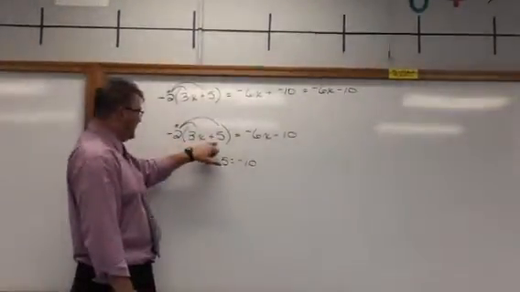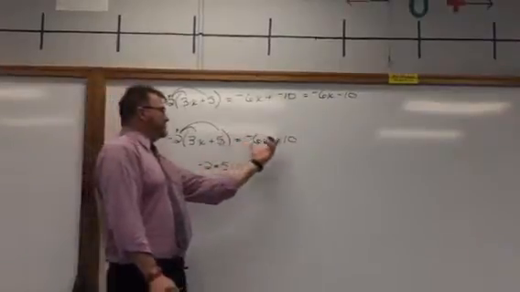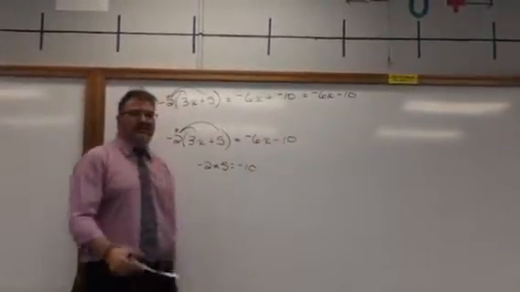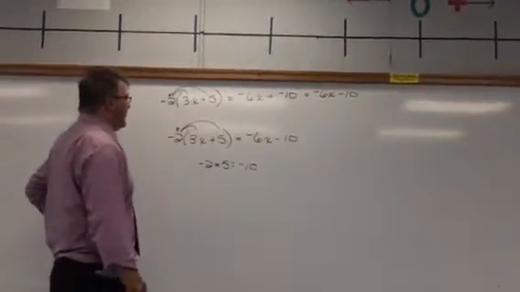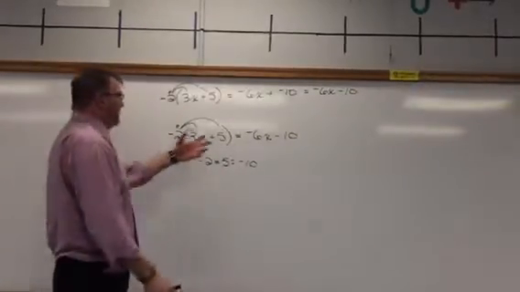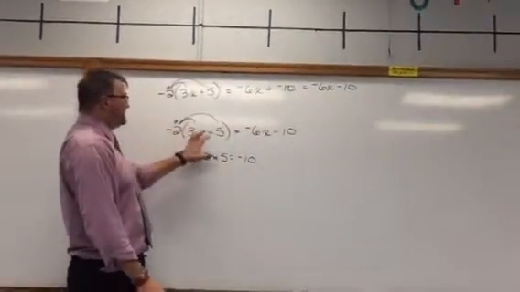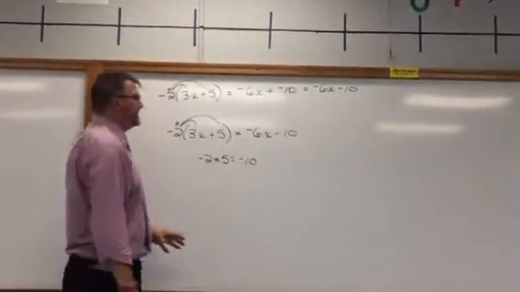And when we do the negative 2 times that, we get our negative 10. But it was part of an expression, so the negative 10 becomes a minus 10. So that's how you use the distributive property. And that's also a reminder about our double signs and possibly getting ourselves trained away from the addition and the subtraction.